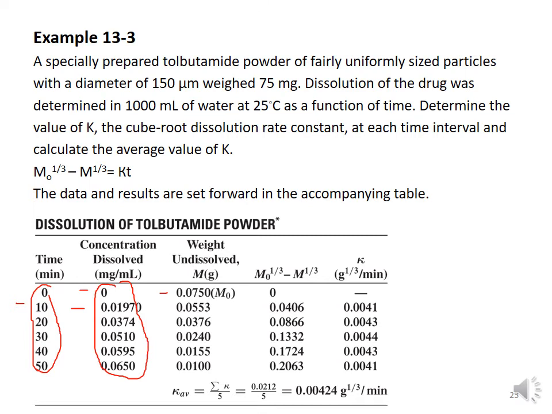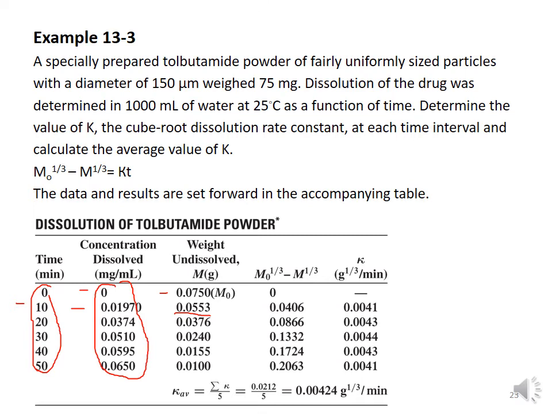0.0197 grams. The remaining weight undissolved is the difference between the original weight and the weight dissolved at 10 minutes, and it equals 0.075 grams minus 0.0197, which equals 0.0553 grams.